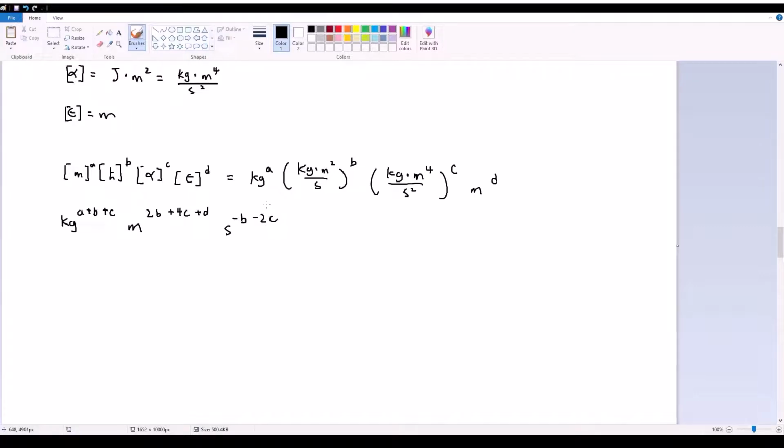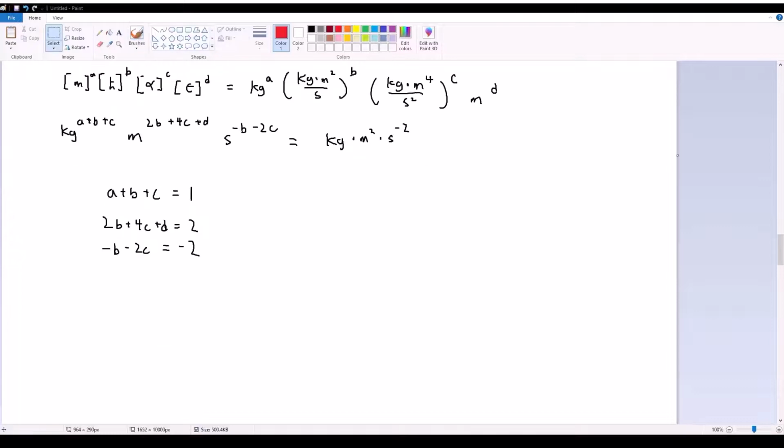Now, this has to match the units of energy, which is kilograms times meters squared times seconds to the negative second. So if we write this out as a system of equations, we get A plus B plus C is equal to 1, 2B plus 4C plus D is equal to 2, and negative B minus 2C is equal to negative 2. Okay, so now I want to solve this system.